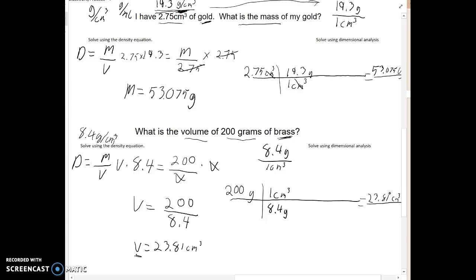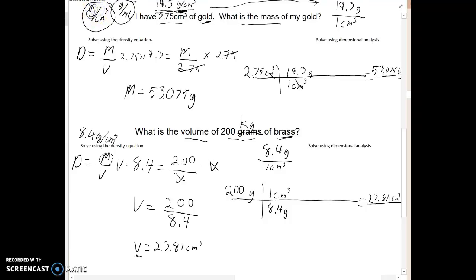Another thing that makes dimensional analysis a little bit easier to work with is our units. Remember, we have to work in grams per centimeter cubed or grams per milliliter. And both of these problems gave us units that were nice and easy to work with that we could plug into our equation. If I was given, instead of 200 grams, 200 kilograms, I cannot plug that value into my equation over here because this unit of mass has to be in grams.